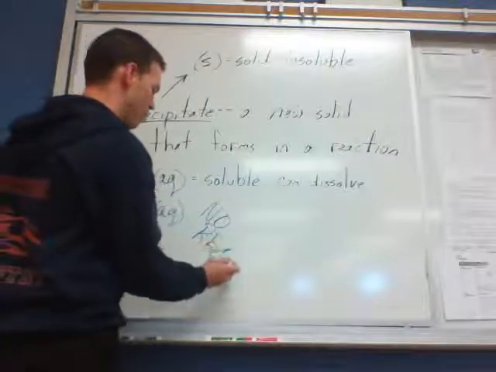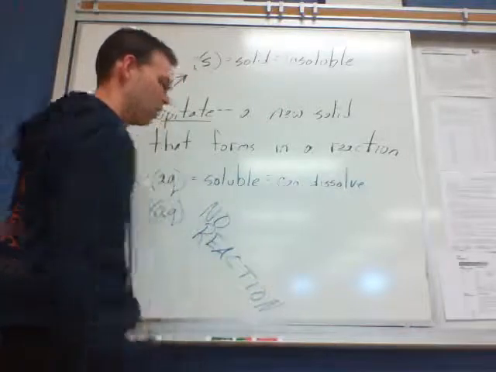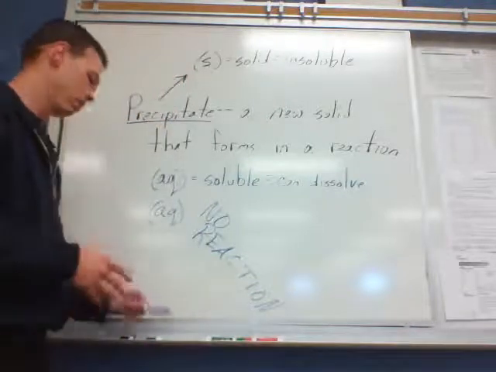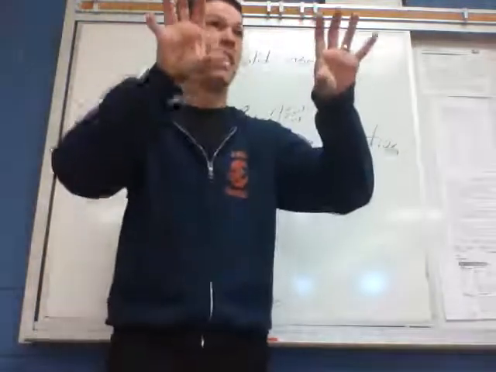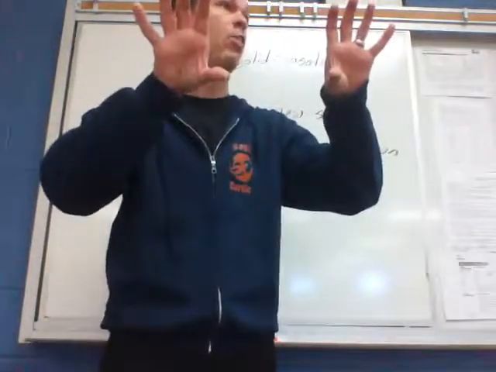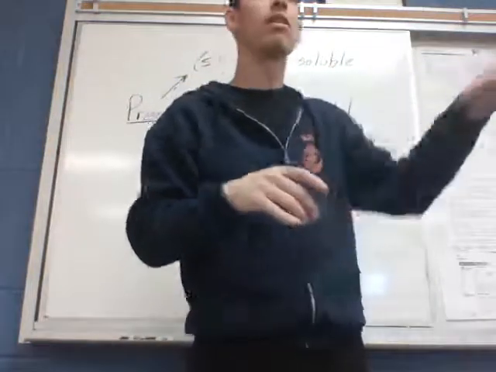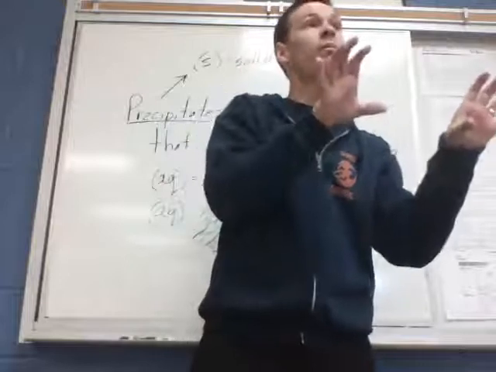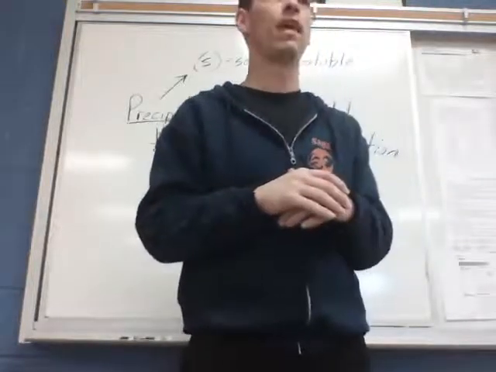Listen to me say that one more time, and it's written on your cheat sheet. But listen again. There's going to be two products. One of them needs to be solid, S. The other one needs to be aqueous, AQ. If when we're doing these predictions, both of them are AQ, then no reaction will take place.